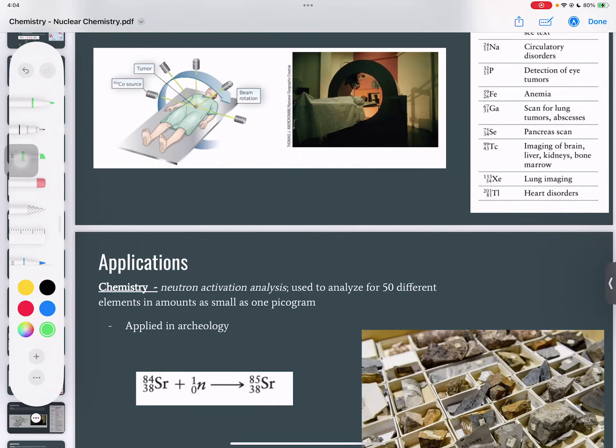Isn't it so cool and amazing that we found out that something so dangerous could actually benefit us? We could use this advancement in science, in chemistry, to harness its power and to help people lengthen life or improve survivability.